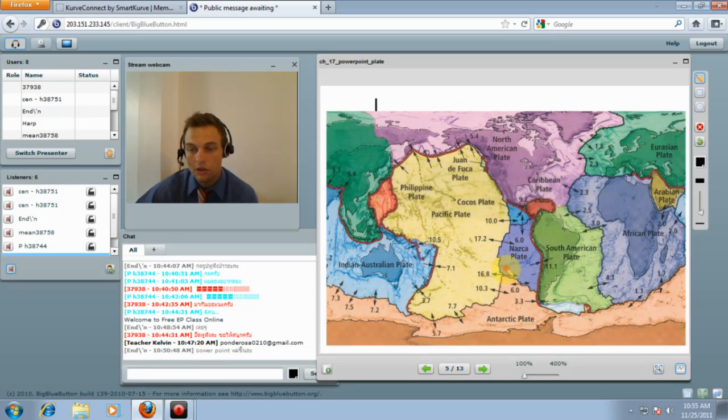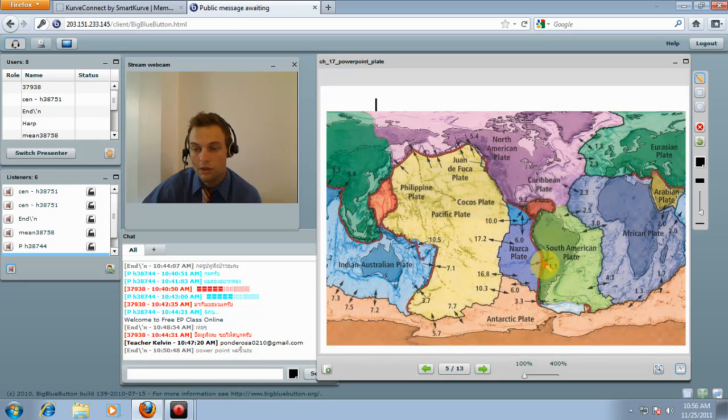And really close to this is the Nazca plate. It connects to the South American plate, and actually, I don't know if you guys know this, the whole western side of South America is very, very big mountains, and these are called the Andes. The reason that they're there is because this is a convergent boundary.